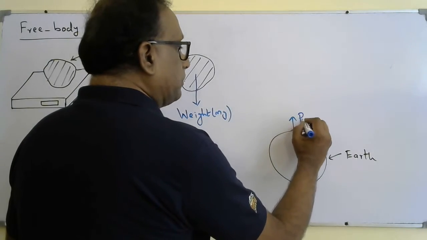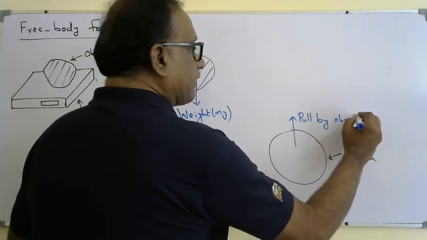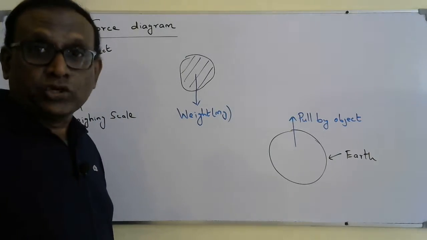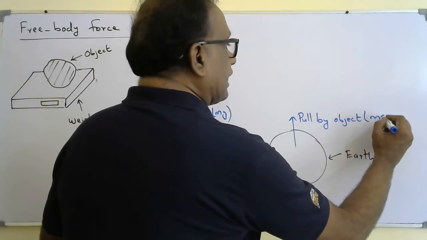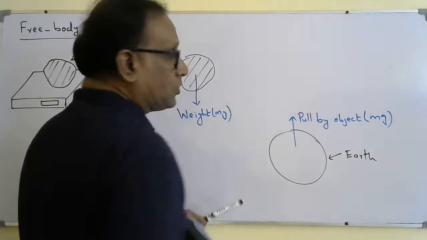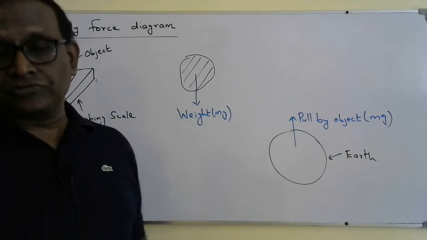I can call it the pull by the object. That also will be the gravitational force. What will be the numerical value? If this is mg, that is also mg. If this is 10 newtons, that is also 10 newtons. So these two are Newton's third law pair of forces.